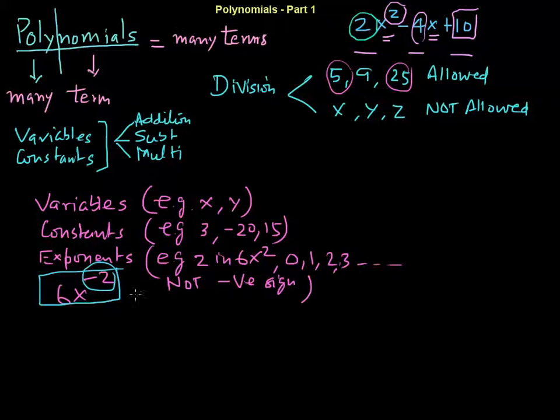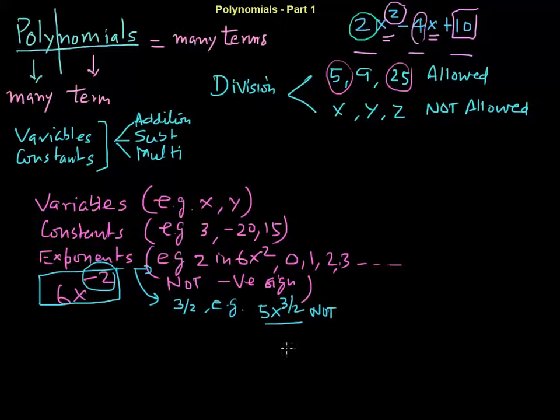Similarly, the second part: if the exponent is a fraction involving a root, for example 5x to the power 3 by 2, this is also not allowed, because it is not permitted.